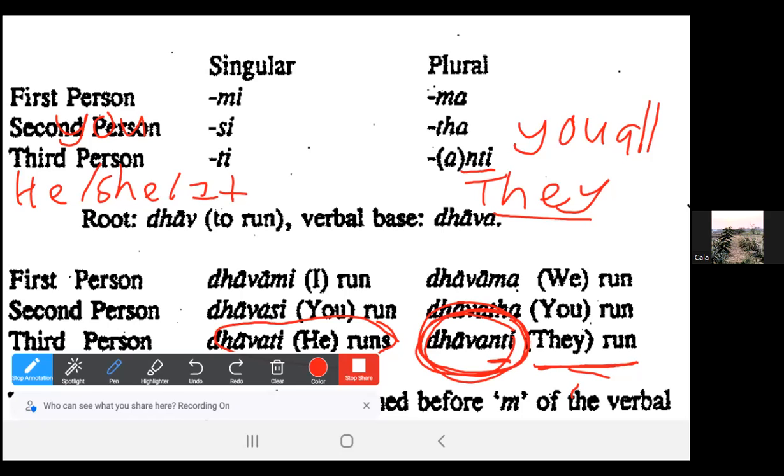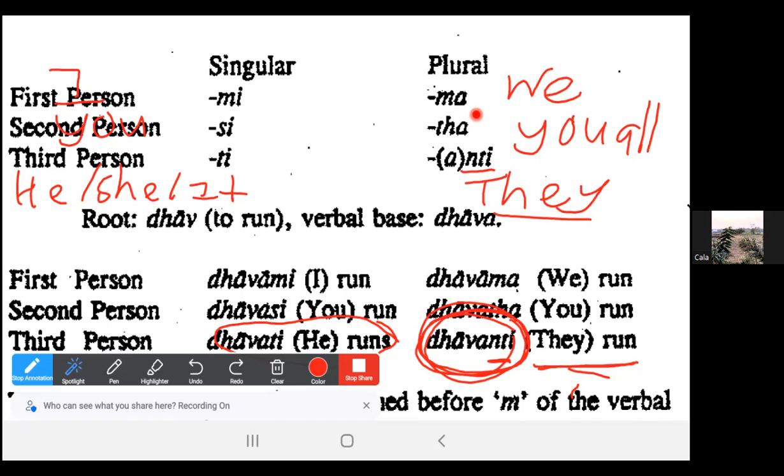First person is I, and then plural is we. So I run, we run. You all run. He, she, it runs, they run. Okay? All right. So what we do is we just focus on the Pali first: ti, anti, si, ta, mi, ma.